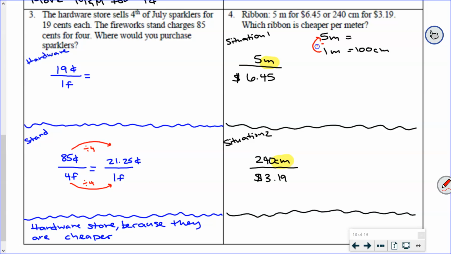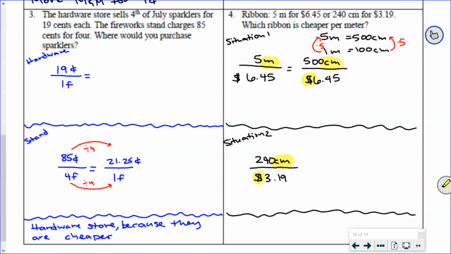The 1 changes to a 5 by multiplying by 5, so I should be doing the same thing here. 100 multiplied by 5 would be 500 centimeters. So before I even find the unit rate, I'm going to change these meters into centimeters. 500 centimeters for $6.45. And now we are dealing with the same units, centimeters and centimeters, and dollars and dollars.